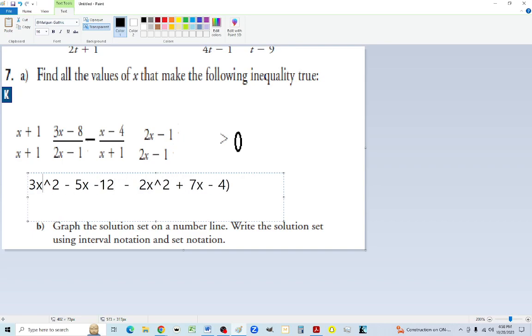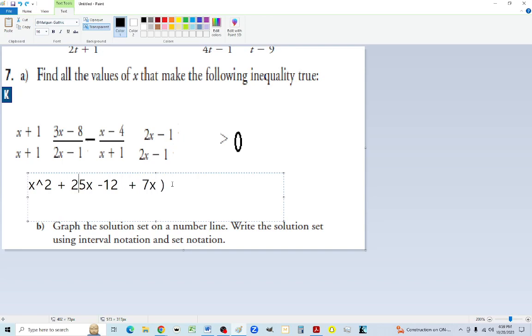I can see 3x squared minus 2x squared. And I can see minus 5x plus 7x, so plus 2x. And then I can see if that has a solution: what multiplies out to minus 12 and adds up to plus 2? It's not 4 and 3. It's not 6 and 2. It's none of them, I think. Minus 4 plus 3 does not work.